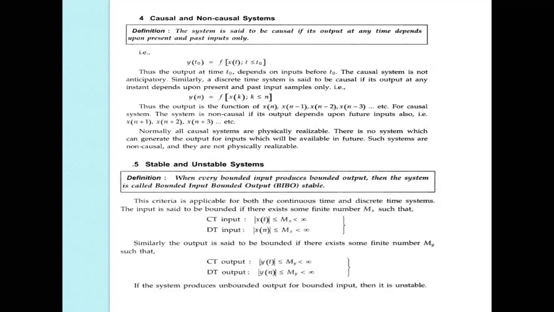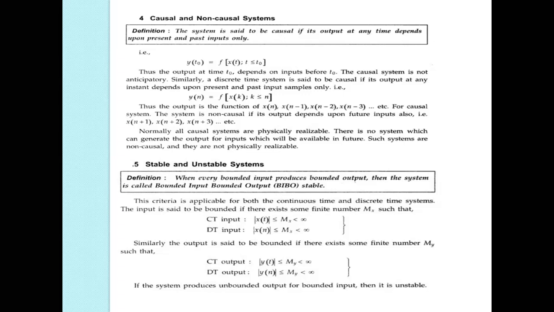Coming to the fifth one, see the non-causal and the causal. A causal system depends on present and past inputs, and it is physically realizable. There is no system which can generate the output for inputs that will be available in the future. If it depends upon the past and the present, it is predictable.